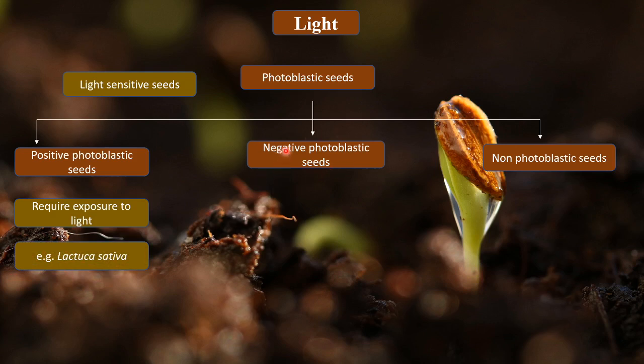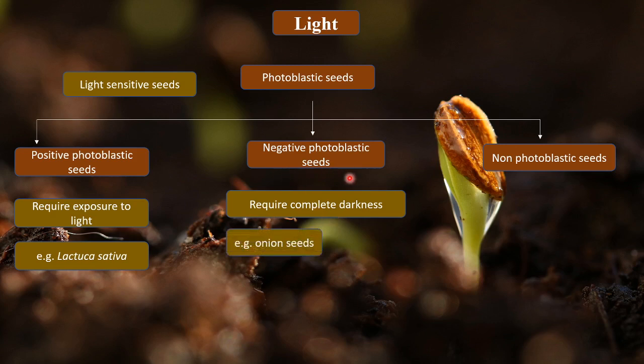Then negatively photoblastic seeds, as the name suggests, are those seeds which require complete darkness. If such seeds are given light, they will not germinate. So darkness is important for these seeds. They will not germinate in light. Examples of such seeds are onion seeds and amaranthus seeds. They require darkness to germinate, right?